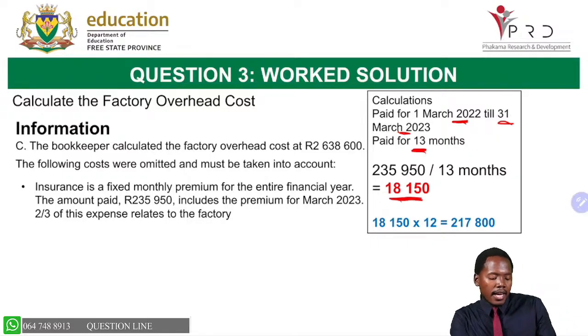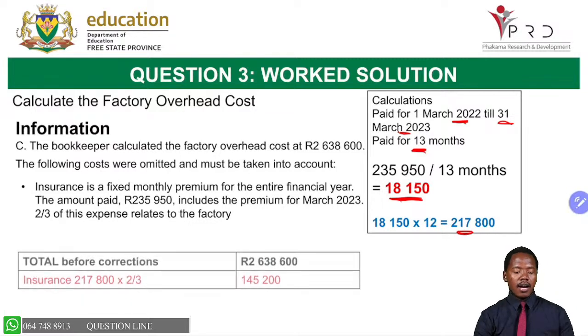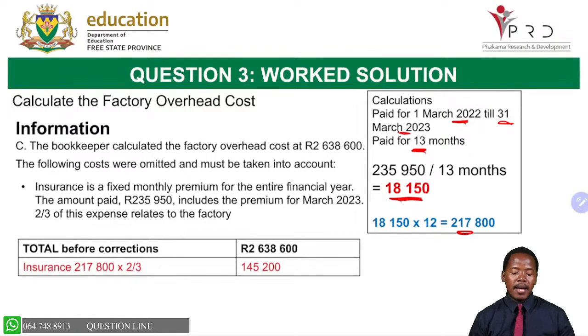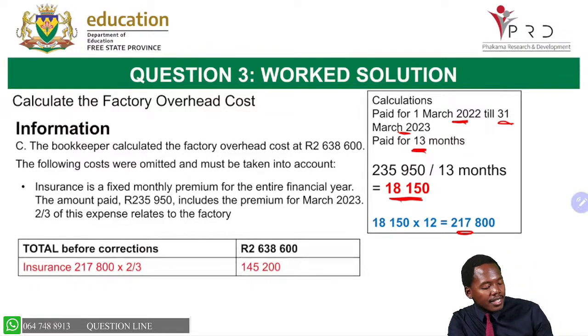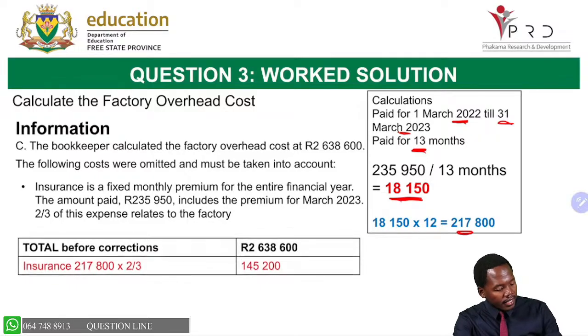So this gives us 18,150. Now, the amount that we need to record is 18,150 times 12. This will give us 217,800. Now, let's look at how we're supposed to record this. Remember, 217,800 is now the correct amount, not the 235,950. The 235,950 is for 13 months, but the 217,800 is for 12 months.